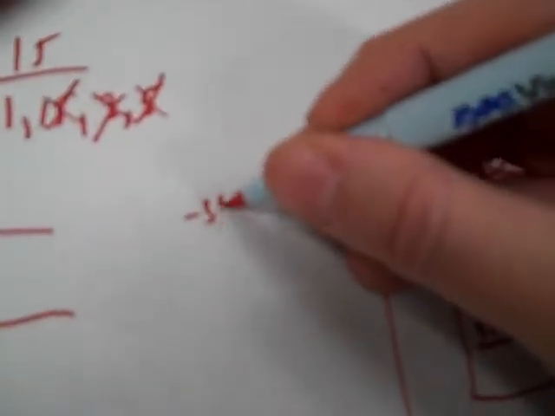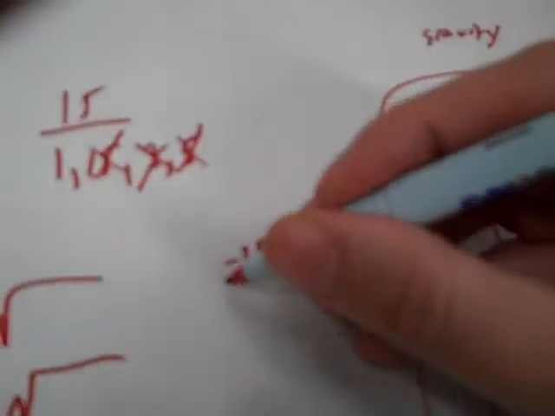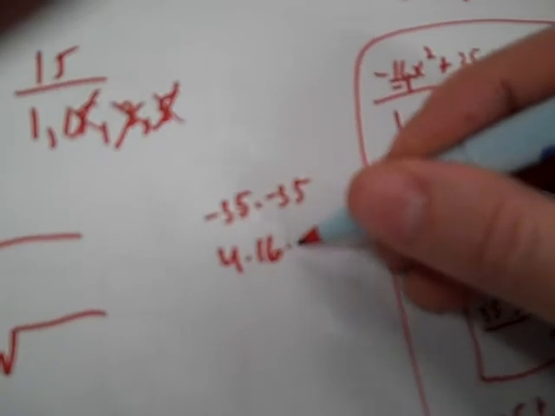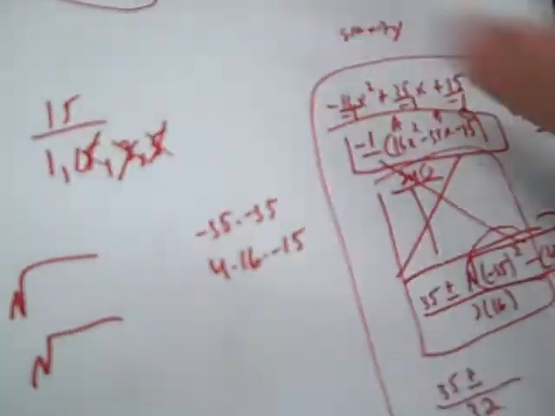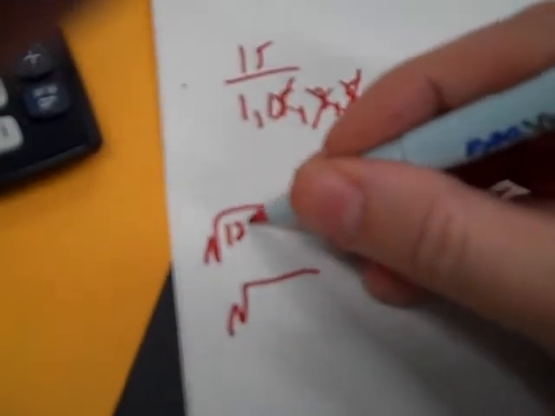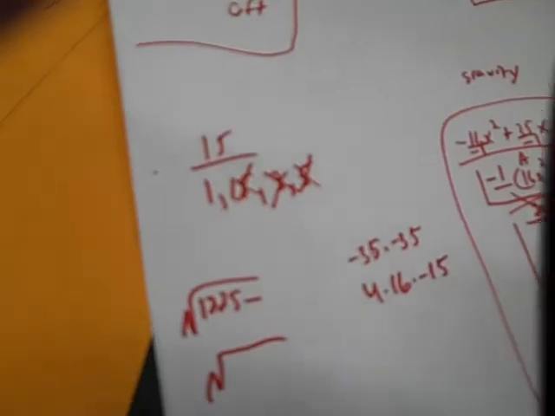So I take negative 35 times negative 35, which is 1,225, minus 4 times 16 times negative 15, which is negative 960.